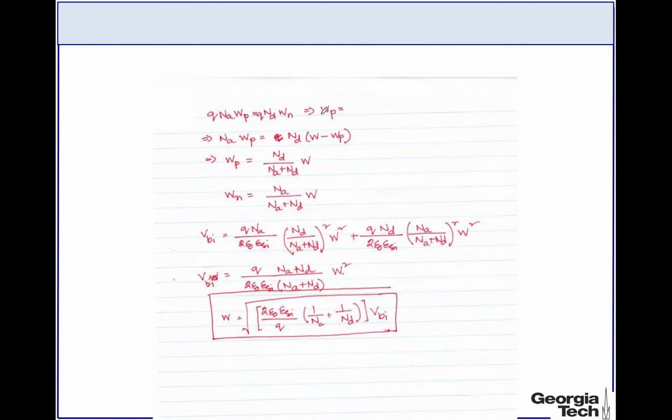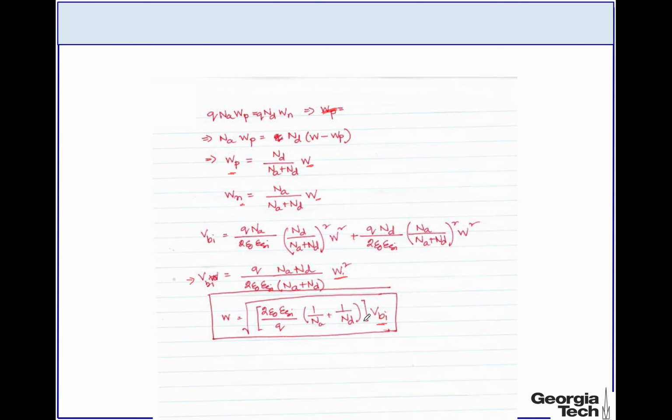Here again from the charge neutrality condition we derive Wp is related to W like this, and Wn to W like this. So for VBI, we replace Wp and Wn with these two expressions, and finally what we get is this: VBI is proportional to the square of the total depletion width, or the total depletion width is proportional to the square root of VBI.